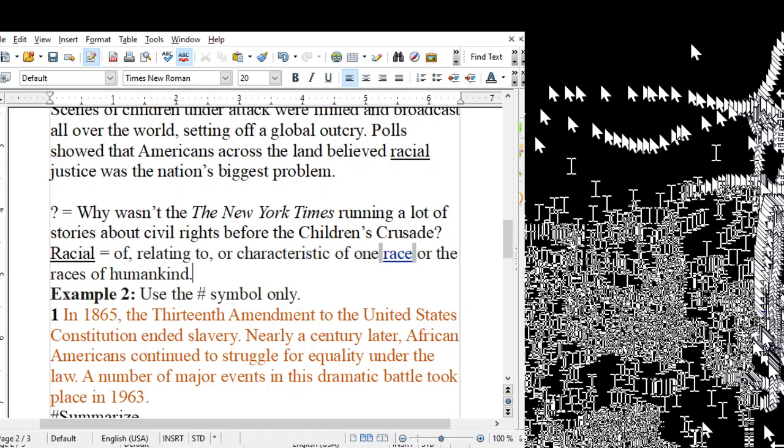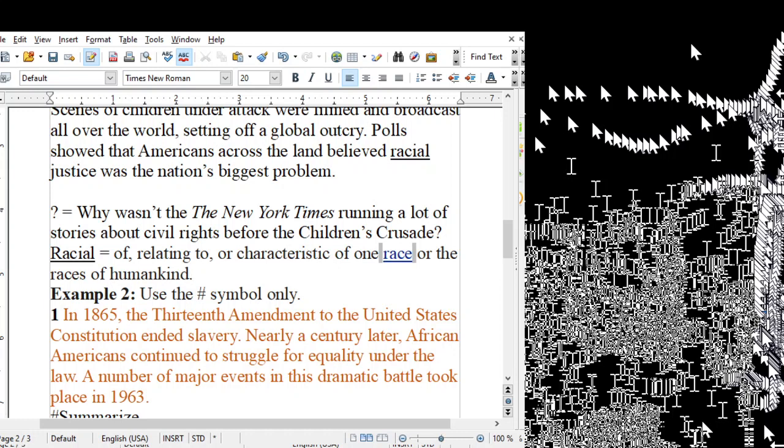This is the first paragraph of the text. And the directions are to only use the hashtag symbol. That's all you're going to do.